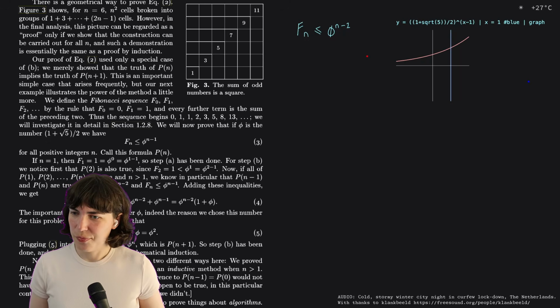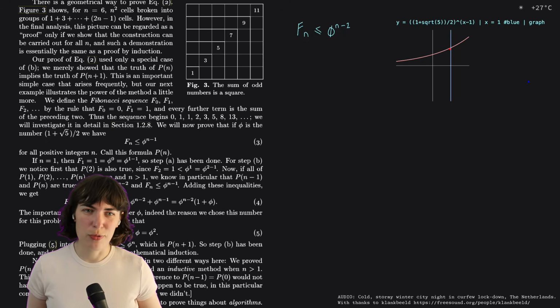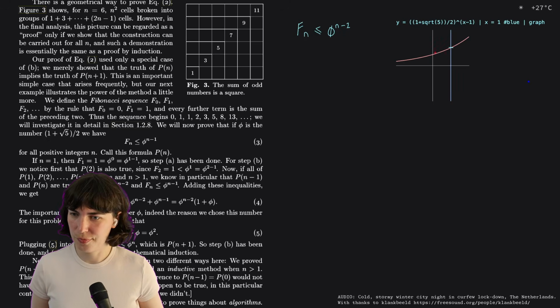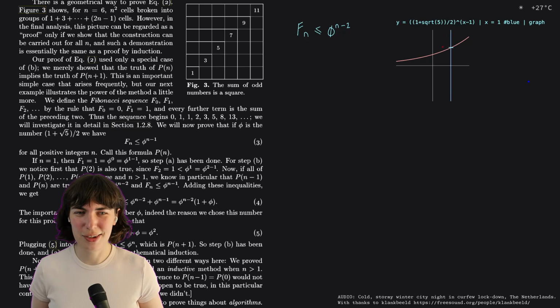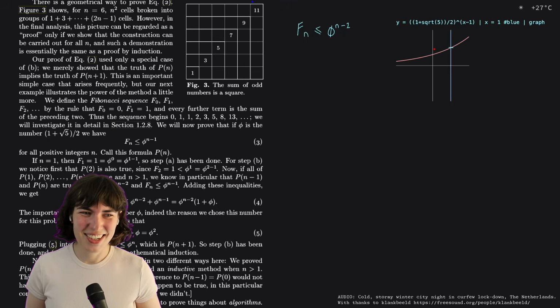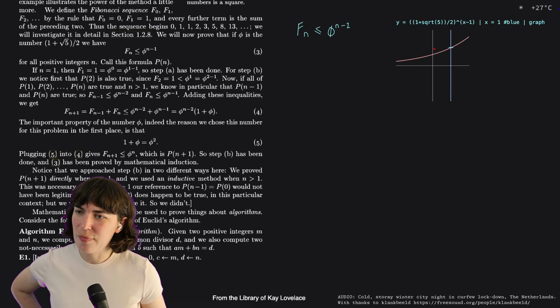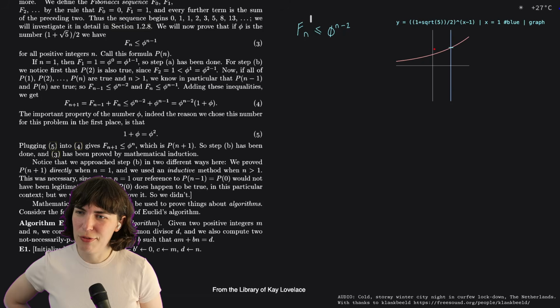So, for all positive integers n, I guess for 1 this has got to be 1, right? Then I think it goes to 2. Anyway, for all positive integers n, call this formula Pn. If n equals 1, then F1 equals 1 equals phi to the power 0, sorry, phi to the power 1 minus 1.